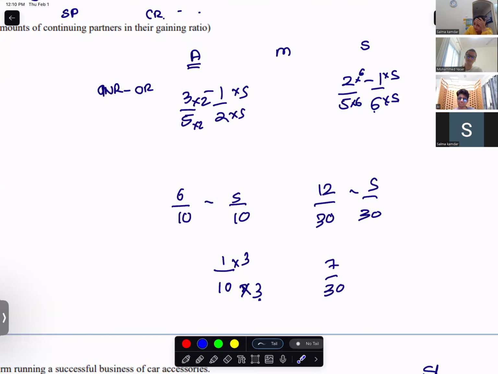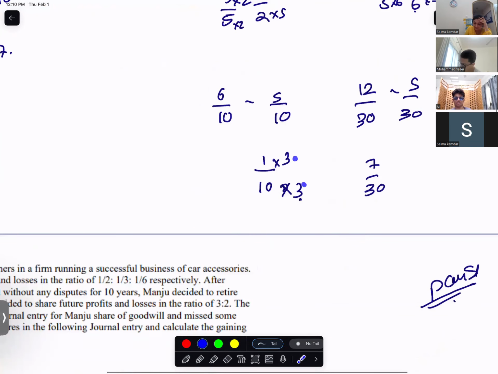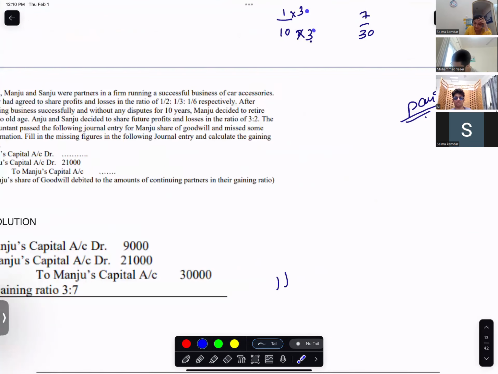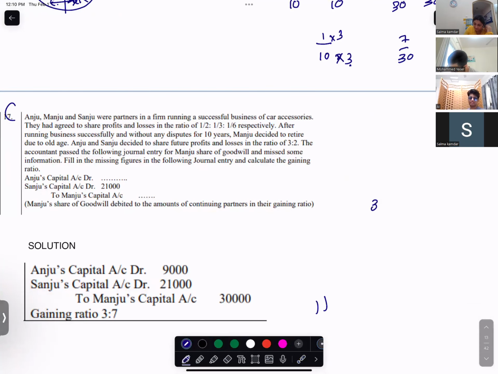So it became 12/30 minus 5/30. 12 minus 5 is 7, so it is 7/30. This also has to become 30, so it is into 3, 3/30. So 3 is to 7 is the gaining ratio. Anju will get 3 shares and Sanju will get 7 shares.